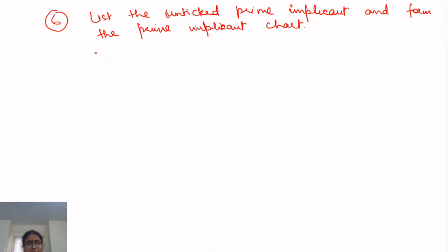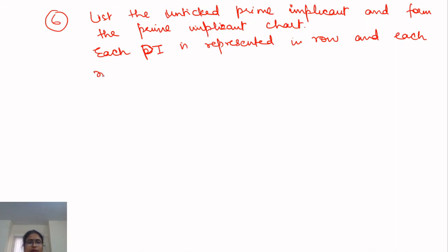In that chart, each prime implicant, PI, is represented in a row, and each min term corresponding to each prime implicant is shown in a column.